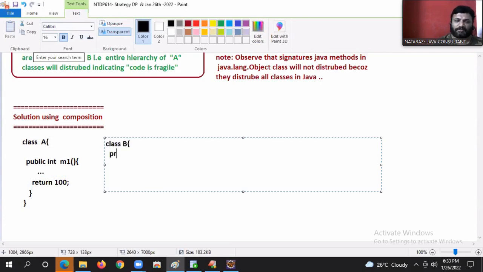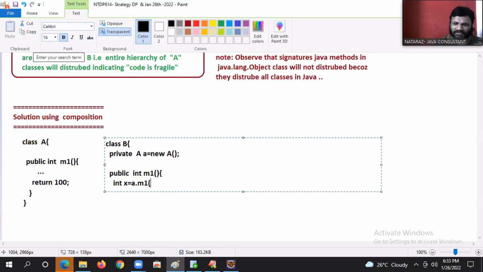Here is my class B, guys. Private A a is equal to new A. Now public int M1, or you can take M2, not a problem. Now listen carefully. int x is equal to a.M1.